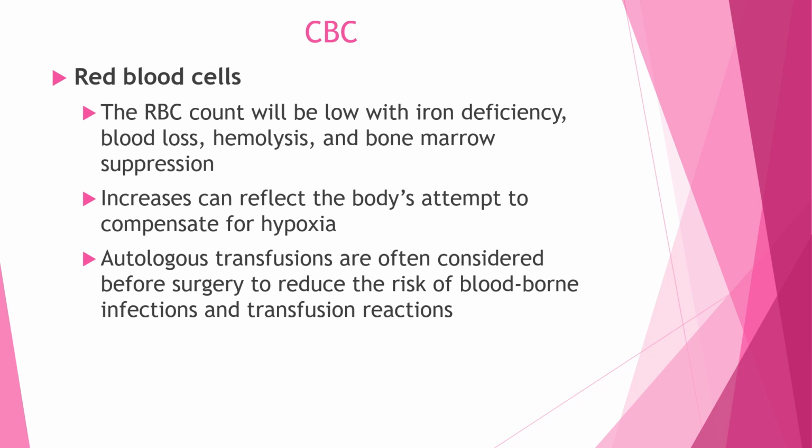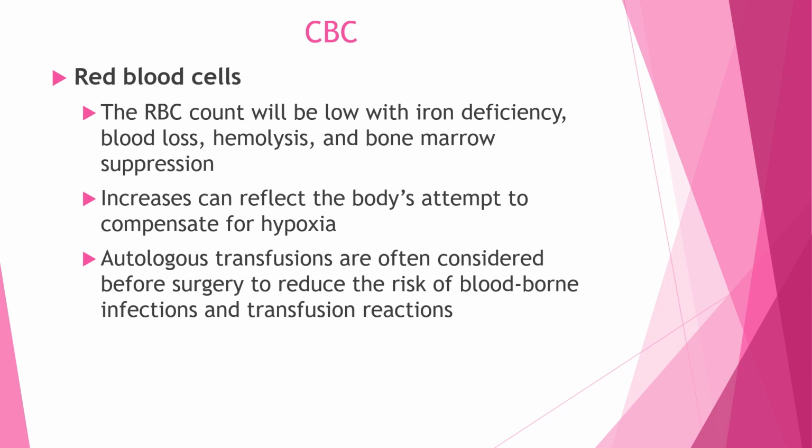So the red blood cells, the RBC, the red blood cell count, will be low with iron deficiency, blood loss, hemolysis, and then bone marrow suppression. Increases can reflect the body's attempt to compensate for hypoxia.